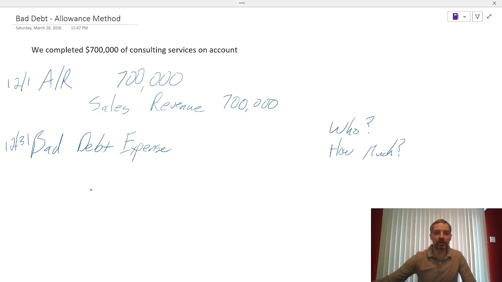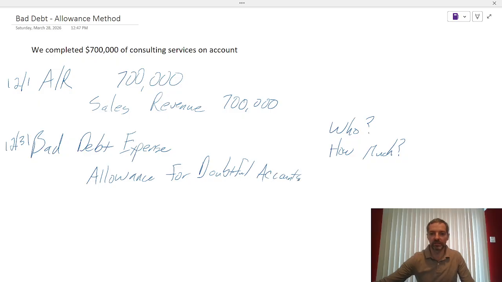So instead, we are going to use an account called Allowance for Doubtful Accounts. I abbreviate this ADA. This is also referred to in some textbooks as the allowance for bad debts. It's the same account, just a slightly different name.